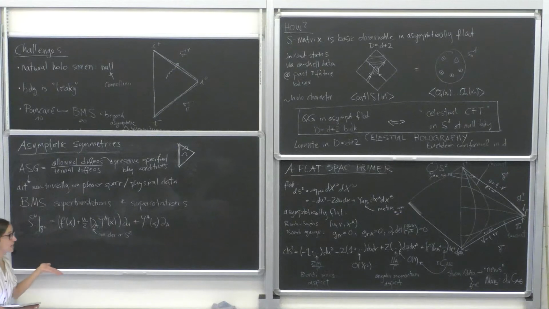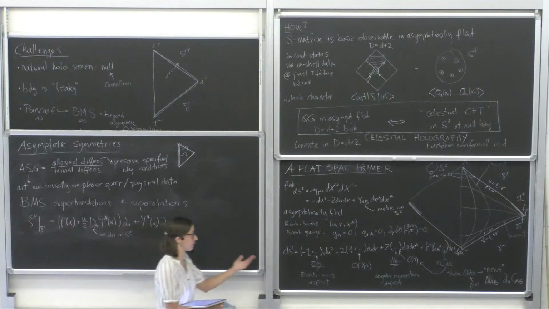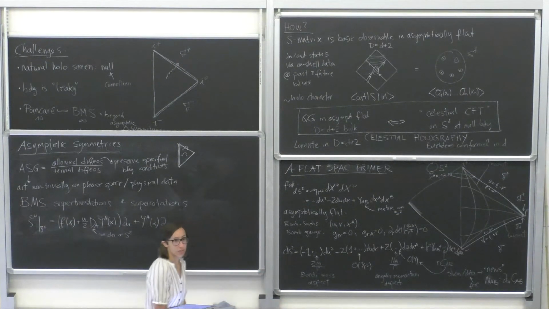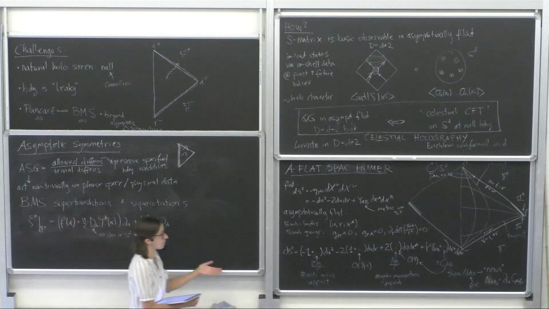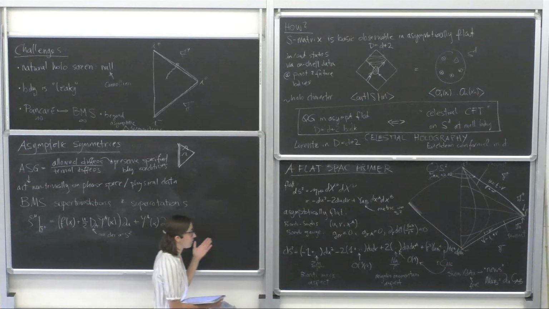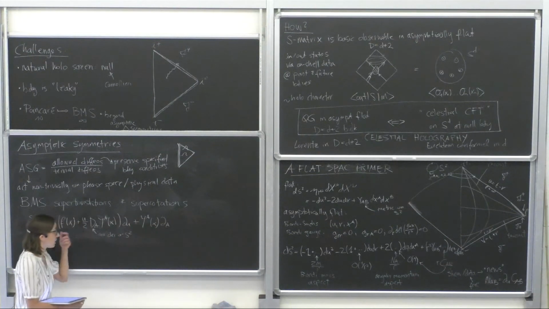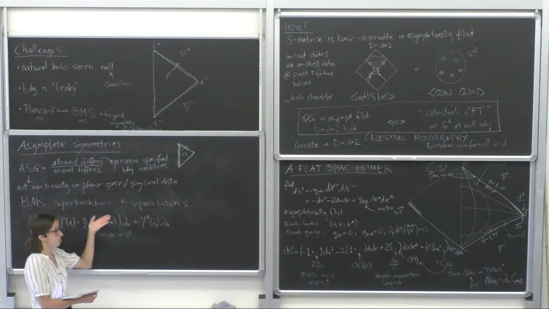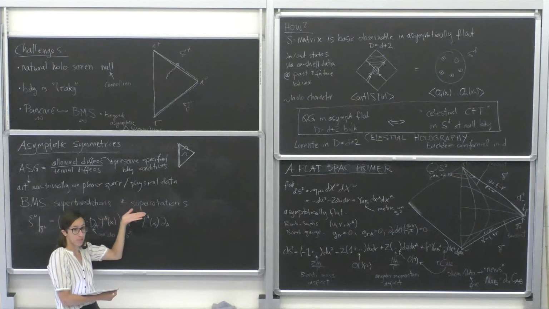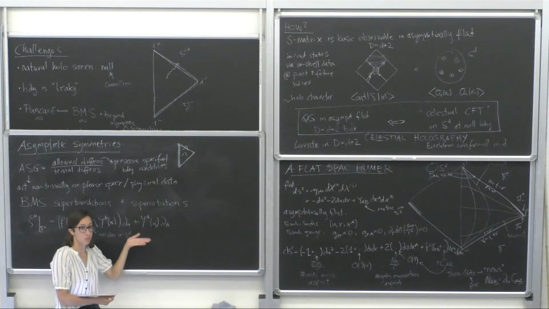And that was the surprise, and for a long time it was contested what it means, and so on and so forth. And then more recently, Barnich and Troessaert had picked up that question and asked, well, BMS seems to be there, but what if we, so that enhances translations, but we also have Lorentz transformations in the Poincaré group, so can we also enhance those? What does it give?